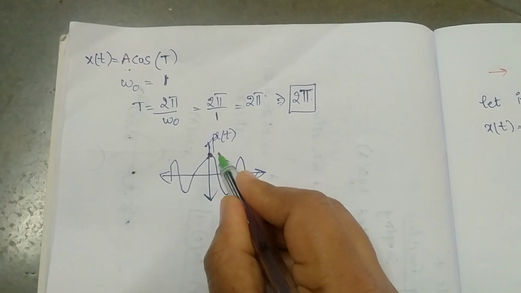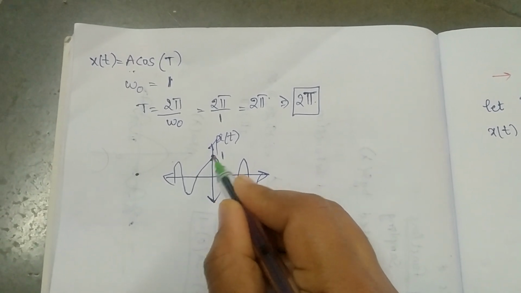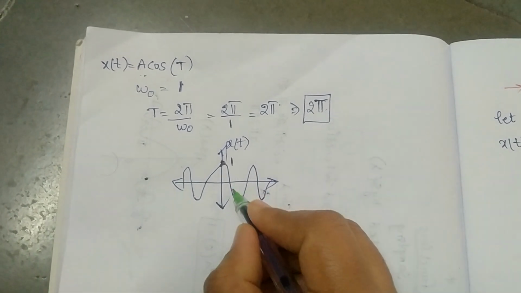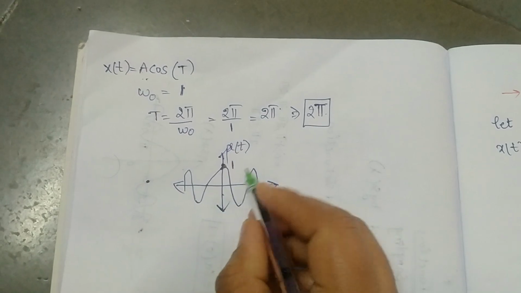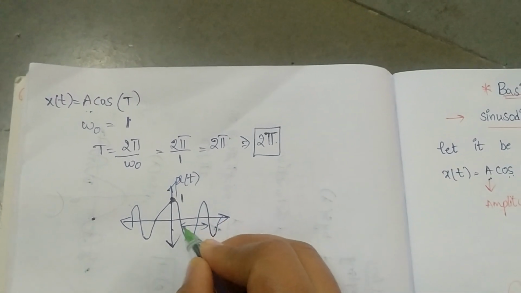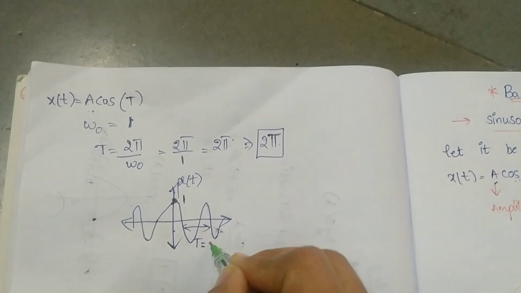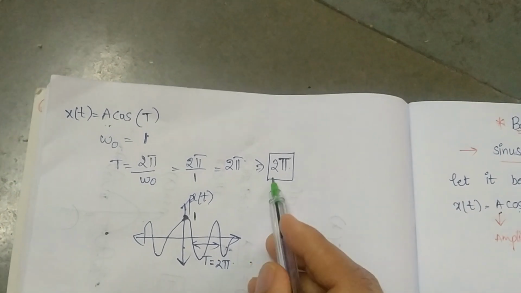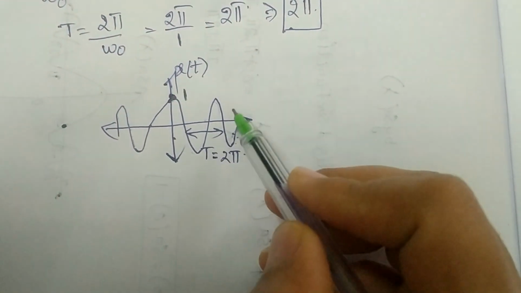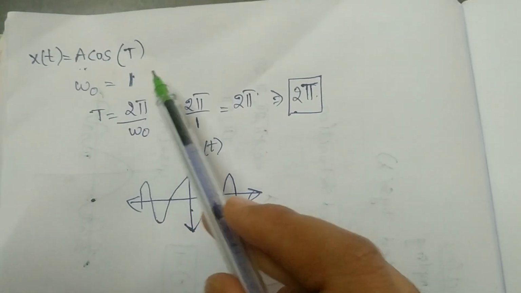Cos starts at its maximum, where x of t is 1. Then one complete cycle from peak to peak, the time period will be 2 pi, right? The time period will be 2 pi. By seeing this graph also we can trace the A cos t value, right?